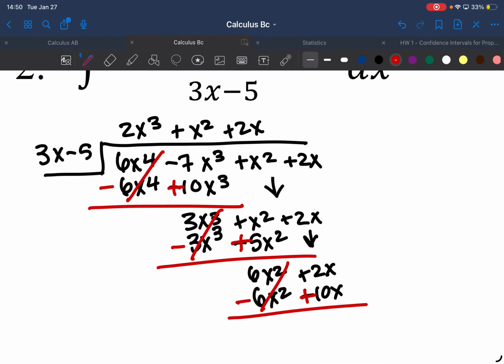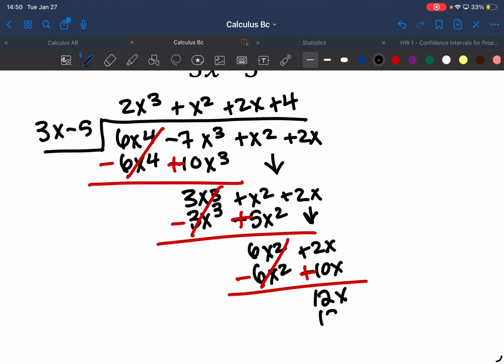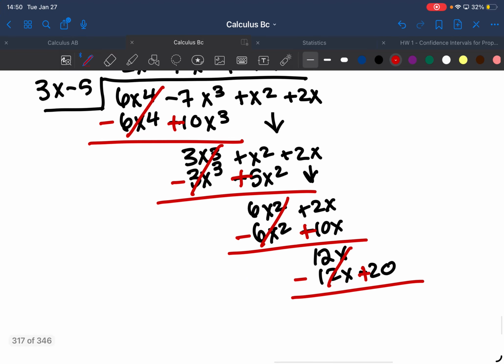First term should cancel, and I'm left with 12x. Okay, last one. 4. So I have 12x minus 20. Change the sign. First term should cancel. And then I'm just left with a remainder of 20, which becomes 20 over 3x minus 5.